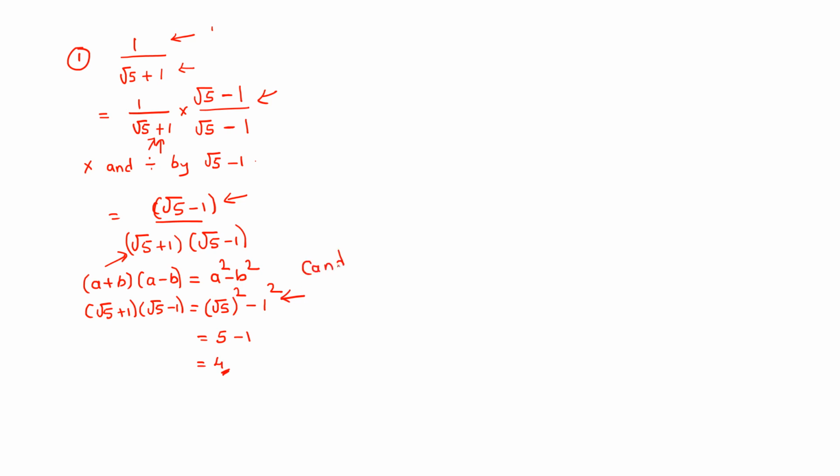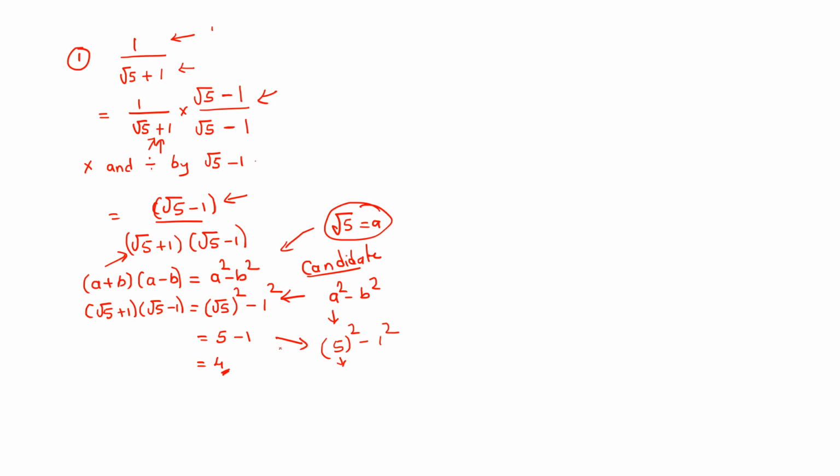Now there is a problem here. Candidates make a mistake here. Students who are trying for this Sainik School examination make a small mistake. What is the mistake here? The formula is a square minus b square. So if you see the question here, I am getting root 5 as a. But in a hurry, students just write 5 square minus 1 square. 5 square is 25 and root 5 square is 5.